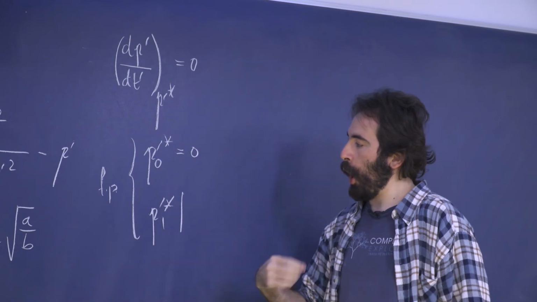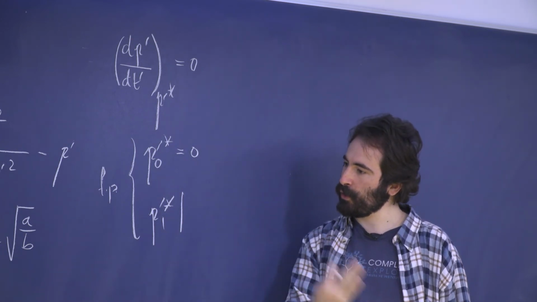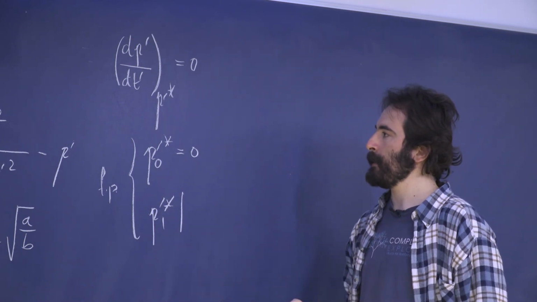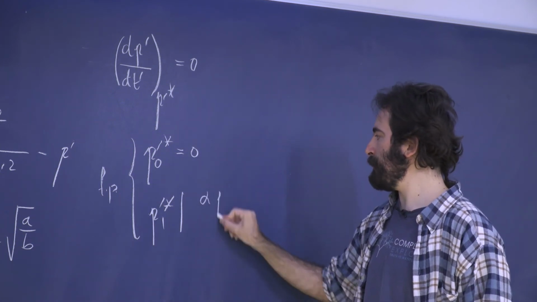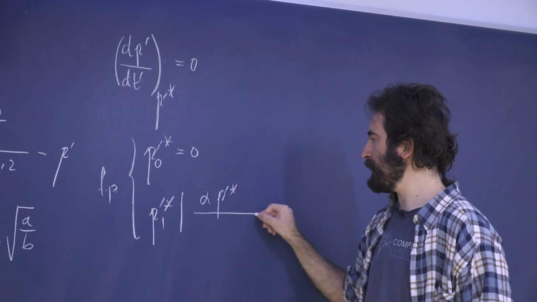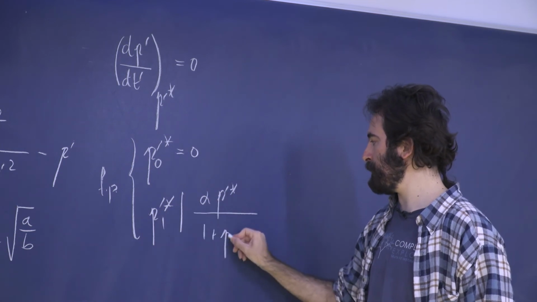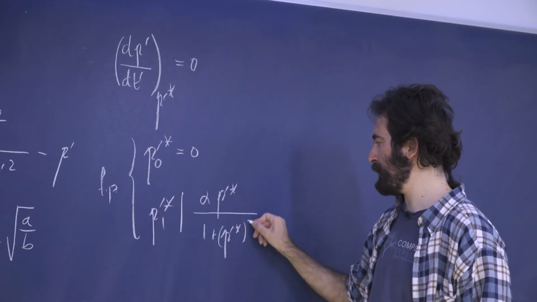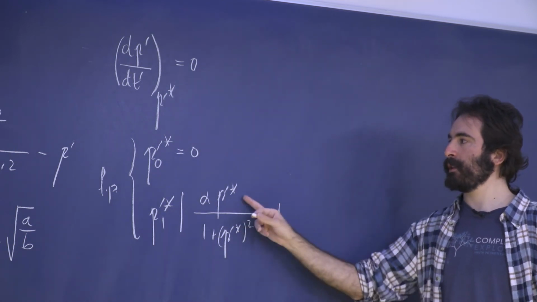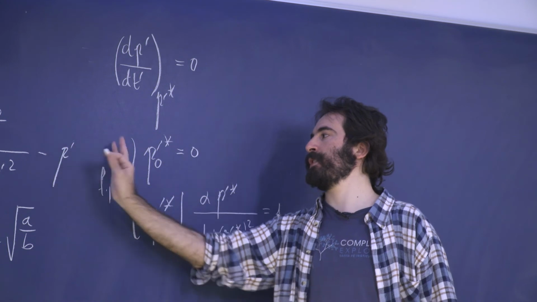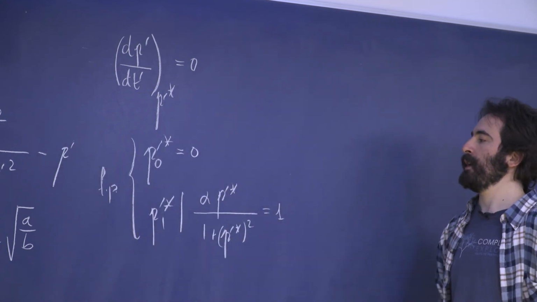So these other fixed points, which are going to be actually 2 of them, are the solution of the following equation: alpha p prime star divided by 1 plus p prime star squared equals 1. Notice here, I've already cancelled this p prime that went into the other side of the equality.